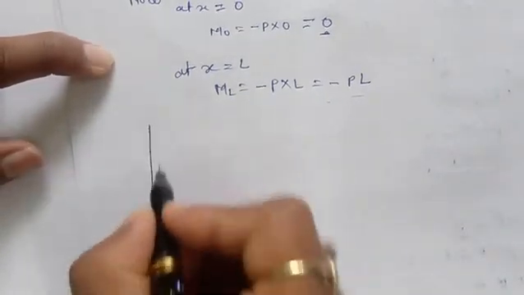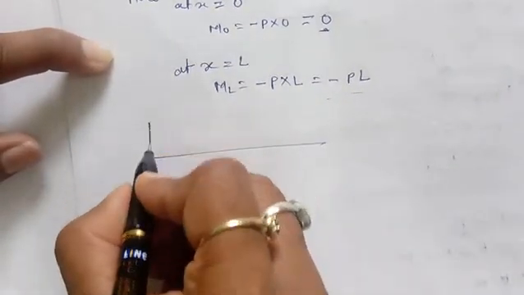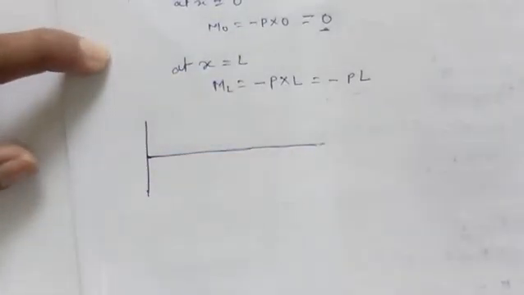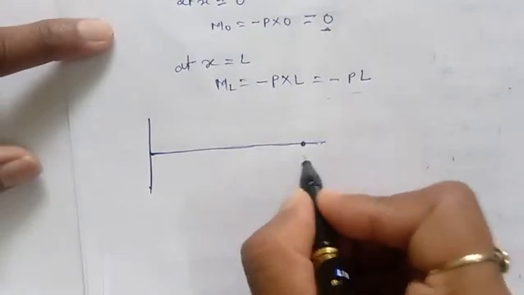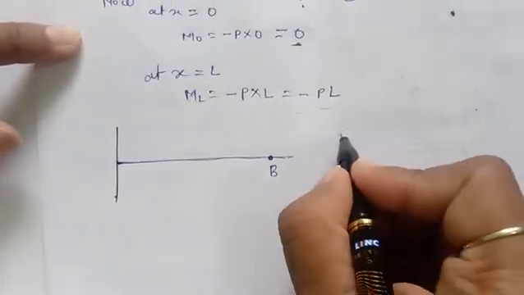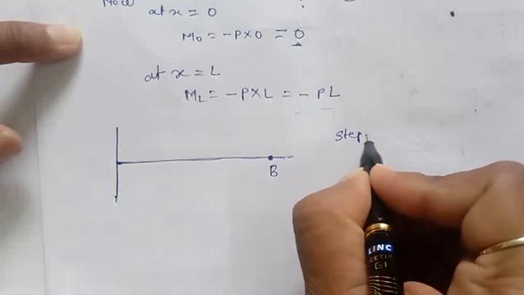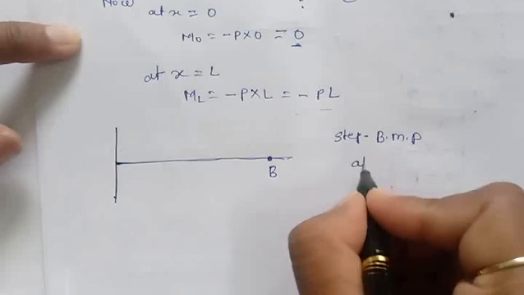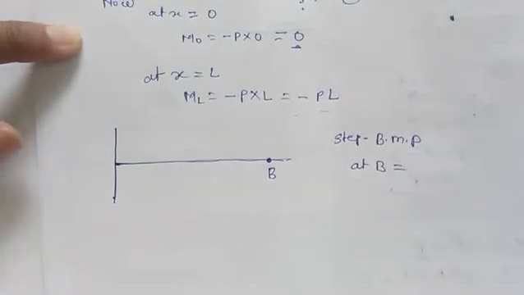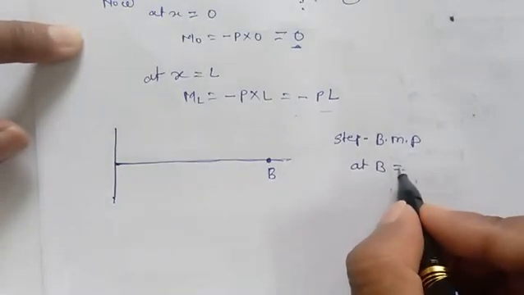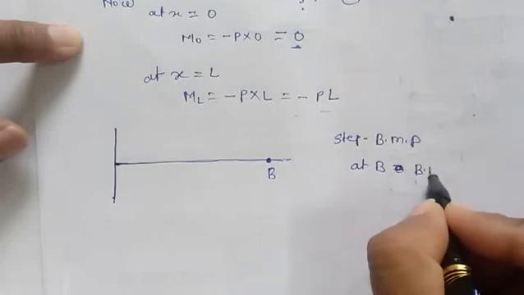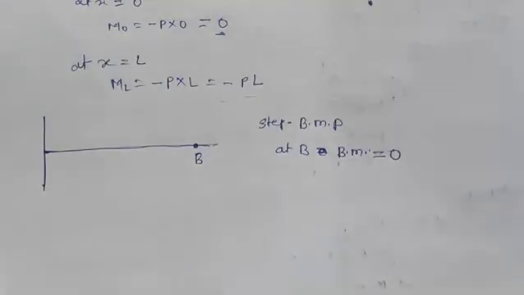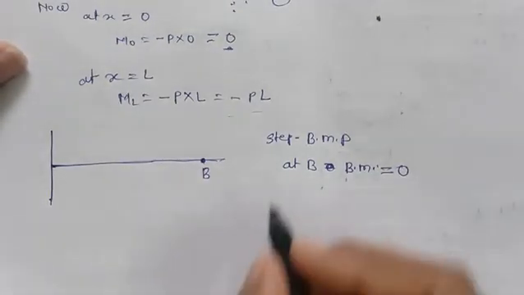Now how to draw? Similarly, you draw the bending moment with a positive side and a negative side. So here you can see that this is the point B. Steps for the bending moment diagram: at B, the bending moment equals 0.